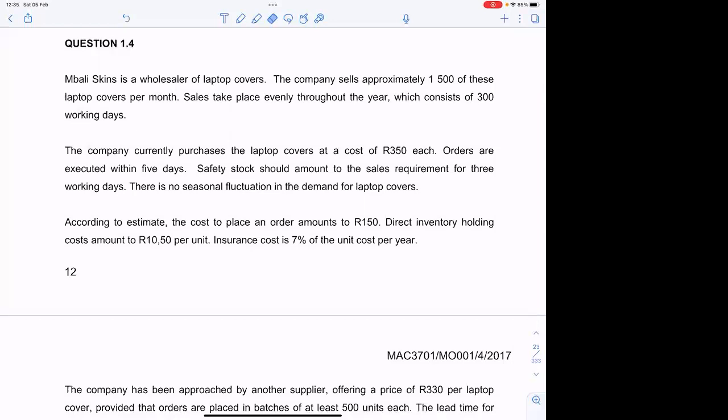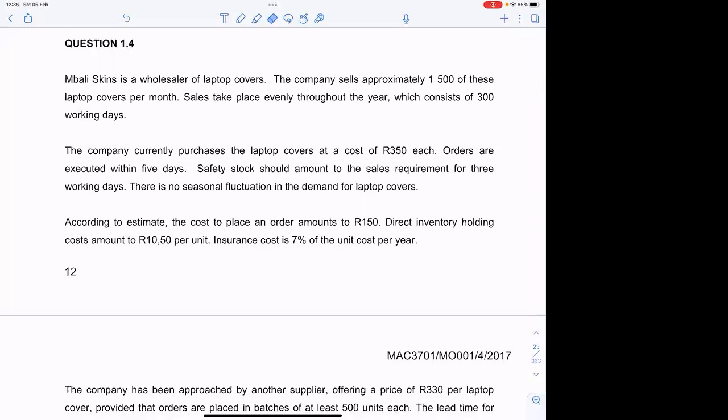If they add a rental of the warehouse, is that part of the holding cost, since we know for a fact that stock is being held in the warehouse?